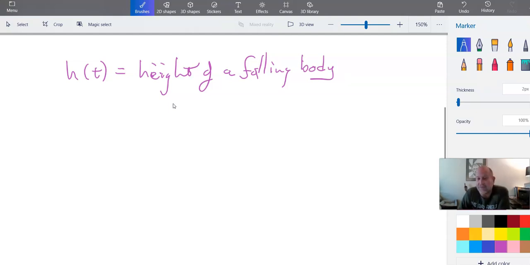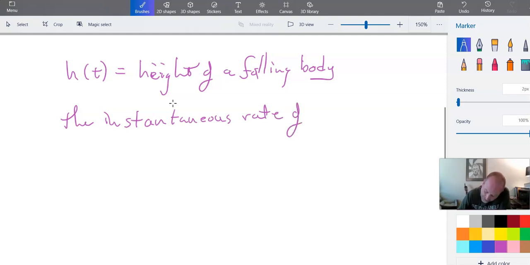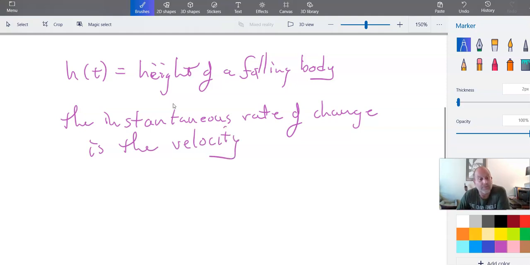If h of t is the height of a falling body at time t, then the instantaneous rate of change is the velocity. So the velocity is the instantaneous rate of change of some position.